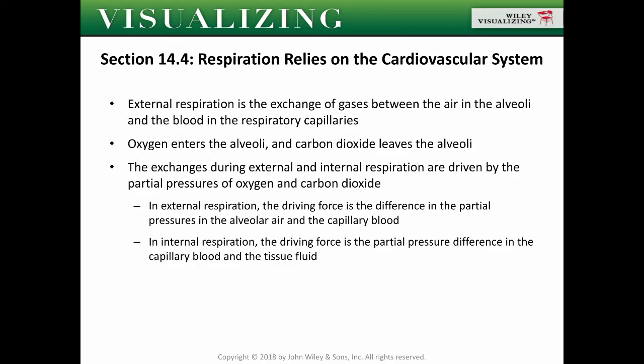These are the exchanges during internal and external respiration that drive the partial pressures of oxygen and carbon dioxide. So what do we mean by internal and external respiration? External respiration is the respiration that happens in the lungs, the exchange of gases happening in the lungs. We have the bloodstream that is low in oxygen and high in carbon dioxide, whereas the alveolar space has high oxygen and low carbon dioxide.